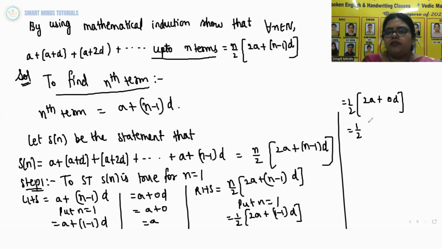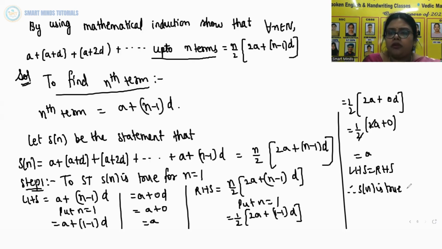Again 0 into anything becomes 0. So 2a + 0. Now here 2 and 2 cancel, that is a. So LHS is equal to RHS. Therefore, S(n) is true for n = 1. So with this, our step 1 is completed.